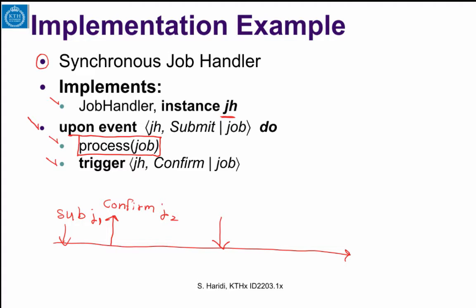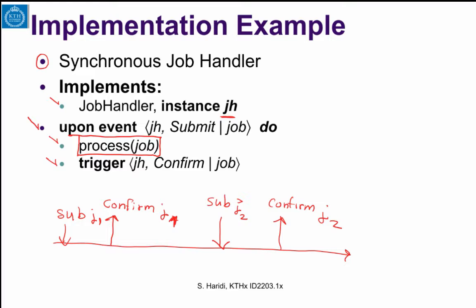Then we accept the next submit, call it sub here to mean submit, J2, and then we get confirm J2. So this sequence satisfies the specification. The sequences that this implementation produces are always a subset of all possible sequences allowed by this specification.